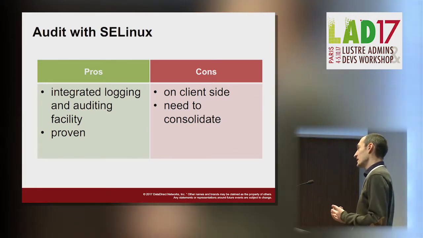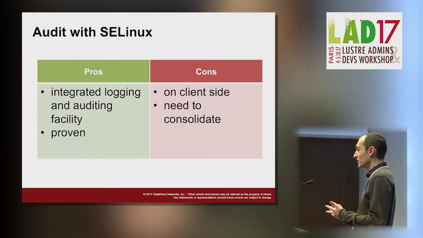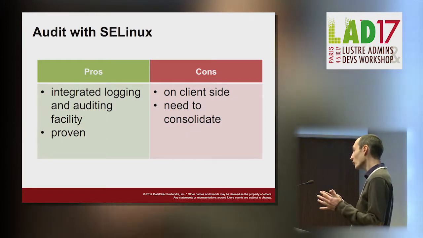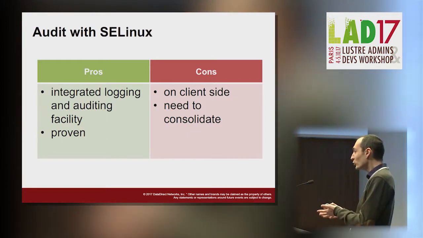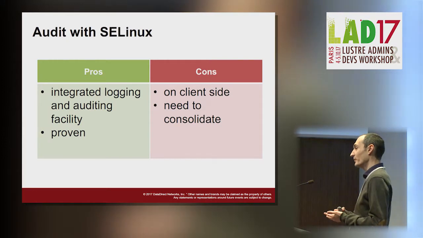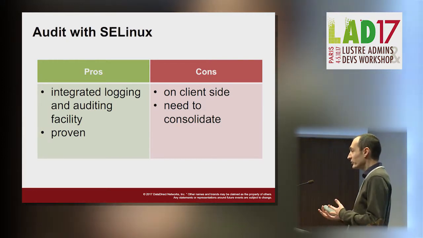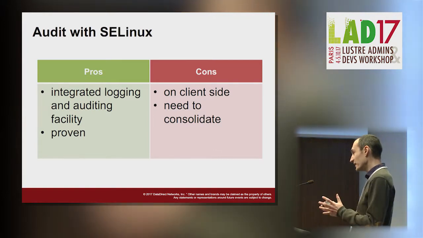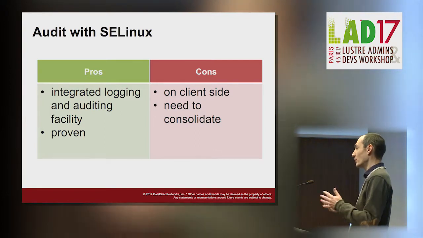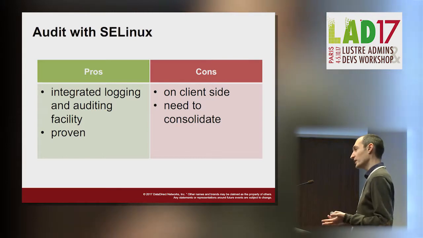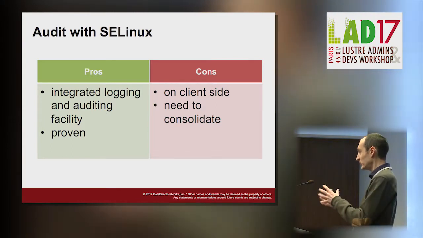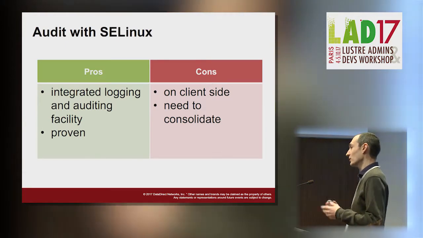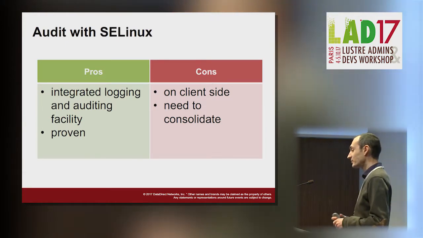But the drawback is that it could be a little bit overkill to have to enforce SELinux on all Lustre client nodes if the only purpose is to get audit. Plus, it would mean having to consolidate all the audit logs from SELinux, so from all the Lustre clients, into a single place so that you get a global view of the events occurring on your Lustre file system.